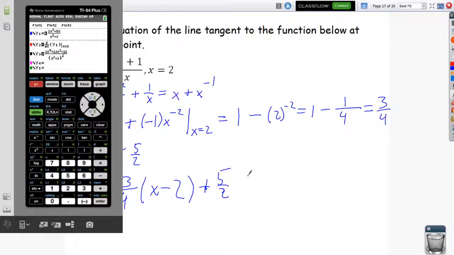So just to be clear on this, I can go back in here and I can again use my calculator to check myself, lest I wreck myself. Okay, y equals fraction, what was it again? x squared plus 1 over x.